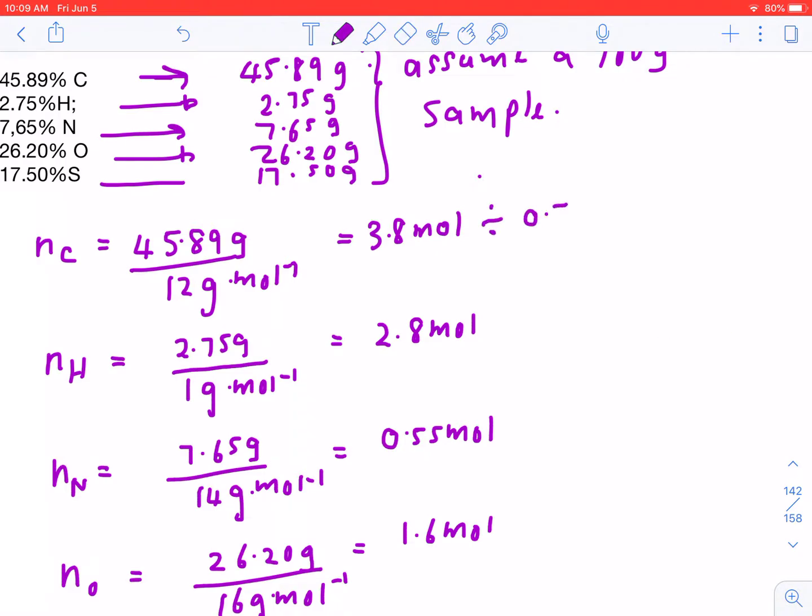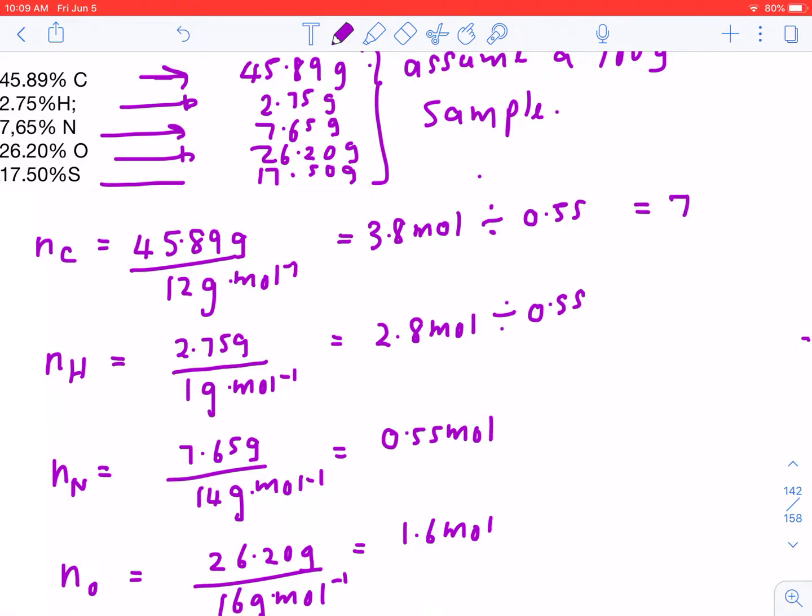When we divide this by 0.55, that is equal to 7, right?